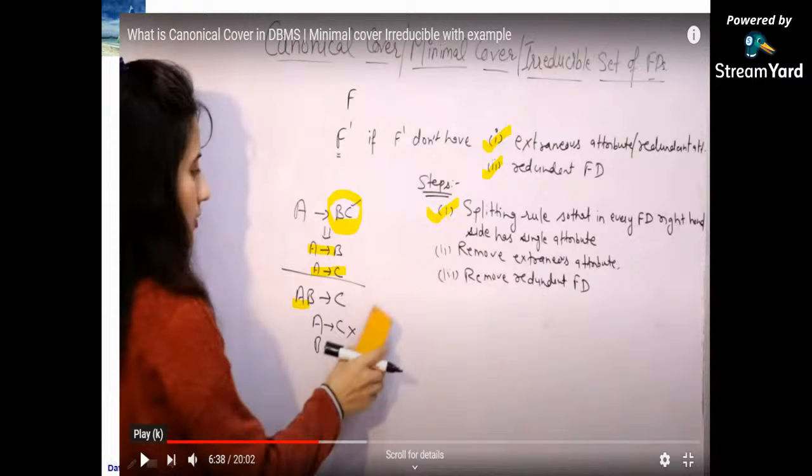In the first step, you are processing only the right hand side and splitting them. In the second step, we will be removing the extra attribute. And in the third step, we will be removing the functional dependencies. So it will consist of three steps. One is the splitting rule, which we have seen. Now we will see how to remove the extraneous attribute and remove the functional dependencies.